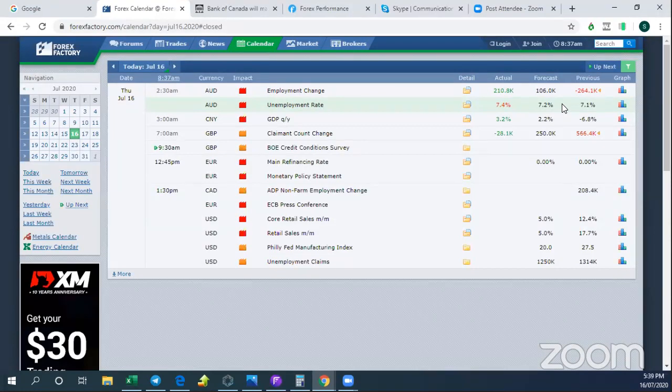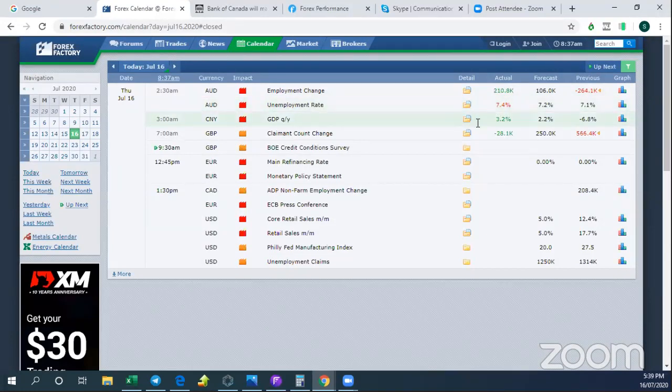Of course, we've got a rising unemployment rate because of COVID, but is 7.4 on a world scale disastrous? Answer, you wouldn't think so. You would not think so. So the conclusion I draw from that is nothing. Line ball, so I'm going to ignore it. But if I was to take note of one of those numbers, it would most definitely be the unemployment rate and not the employment change. So I'll leave you with that thought.